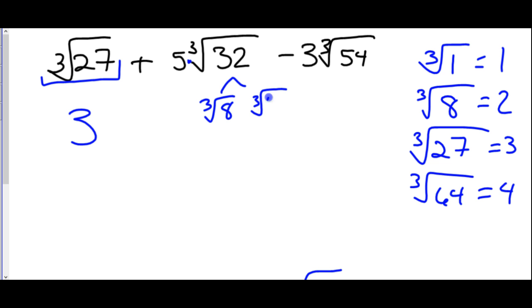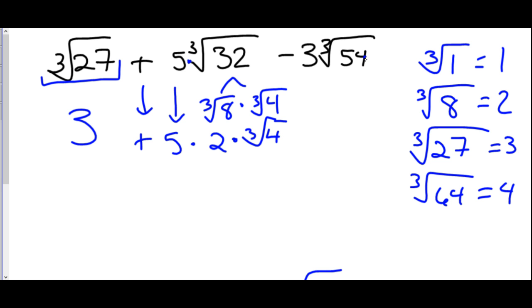Well, I can multiply 8 times 4 to make 32. We do still have the times sign with the 5, but now it would be 5 times 2, because the cube root of 8 is 2, times cube root of 4. Cube root of 4 is not on the list, so we have to leave it as cube root of 4.